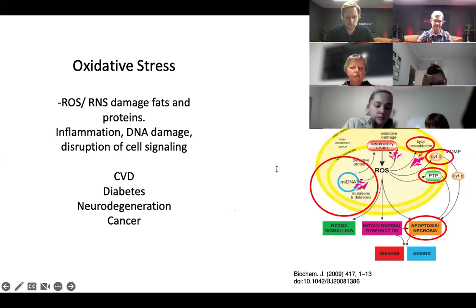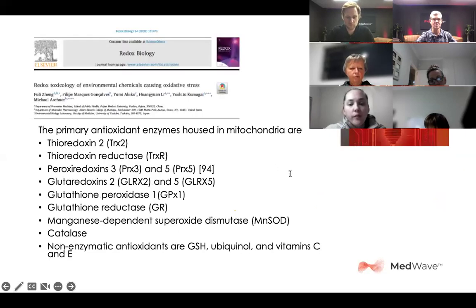So because we know that our clients have all got very different mitochondrial capacity and also genetically might be quite different, what we can really understand is although we've got a host of antioxidant enzymes in our mitochondria to mop up those free radicals, genetically, we might have a few of these very important antioxidants that aren't as active as one would hope, that maybe have been deleted through genetic mutation.